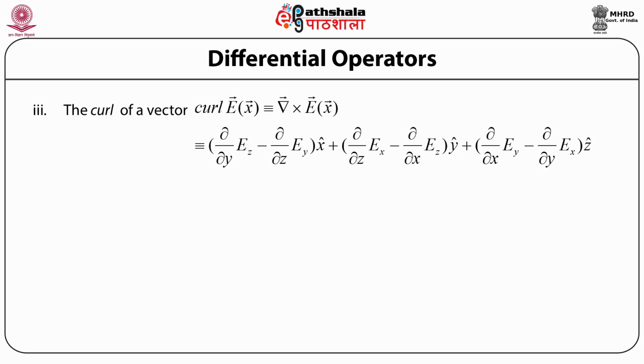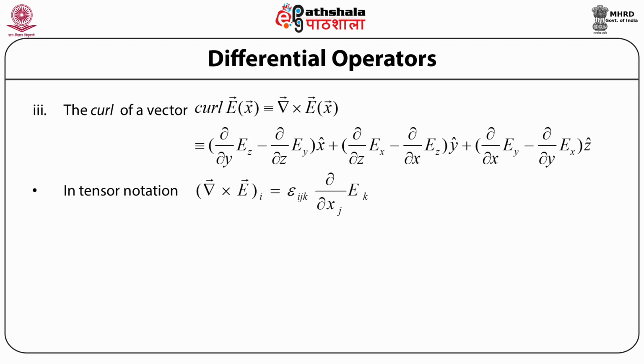This turns out to be equal to (del by del y E_z minus del by del z E_y) unit vector x plus (del by del z E_x minus del by del x E_z) unit vector y plus (del by del x E_y minus del by del y E_x) times unit vector z.